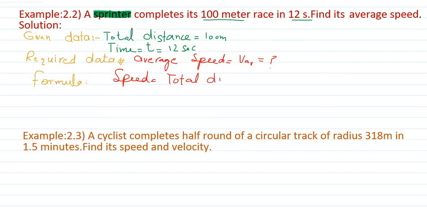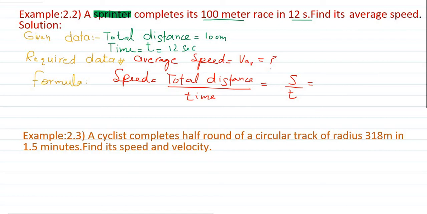So here I write total distance over time. We denote total distance with S, time with T. Now just putting the values of S and T, we get the answer.